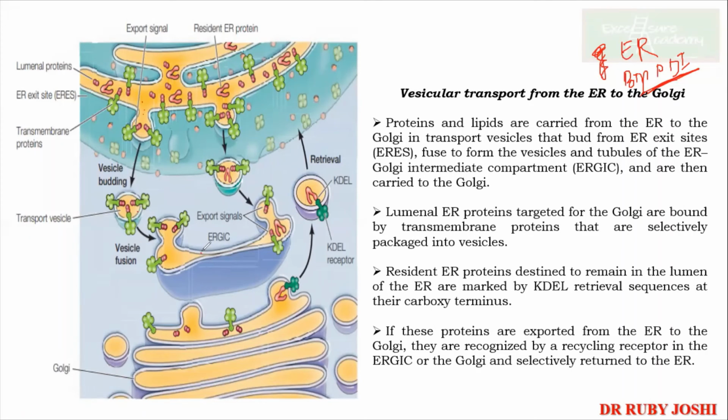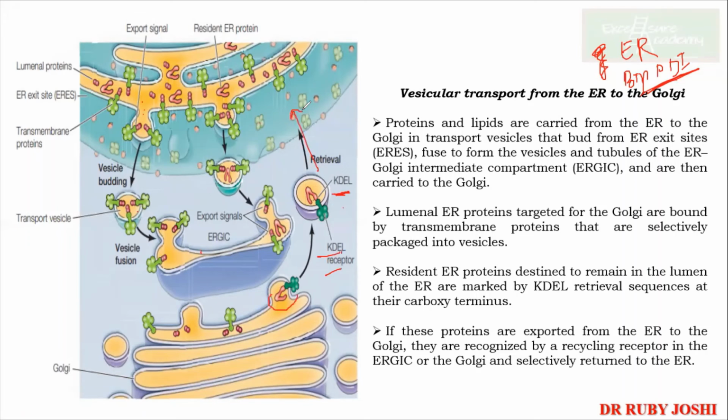Okay, so there are certain receptors known as KDEL receptor. They identify that these proteins which have the KDEL sequences are meant to be present in the ER. So the binding of the KDEL receptor with the KDEL will ensure that these proteins are taken back in the form of a vesicle and get fused with the ER.